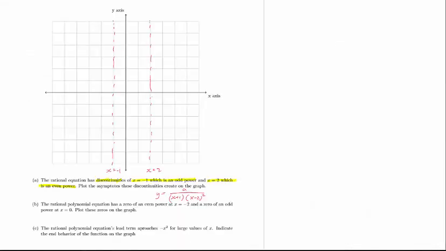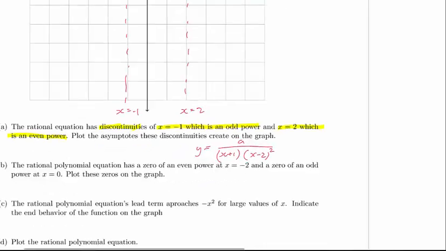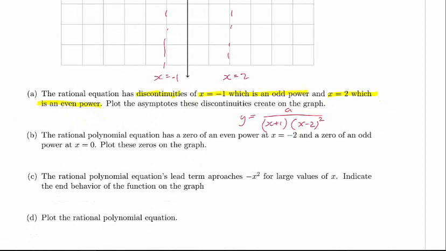All right, so back to the handout. Now we've got a part dealing with the zeros of this rational polynomial equation. We have a zero of an even power at x equals -2, then a zero of an odd power at x equals 0.